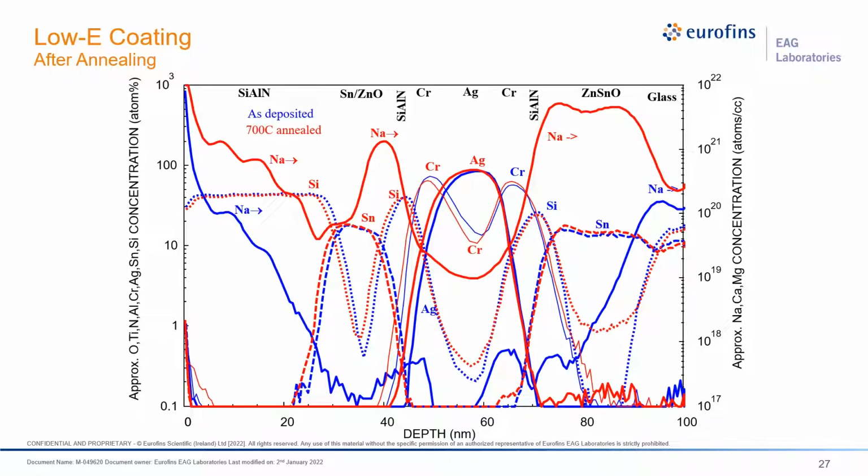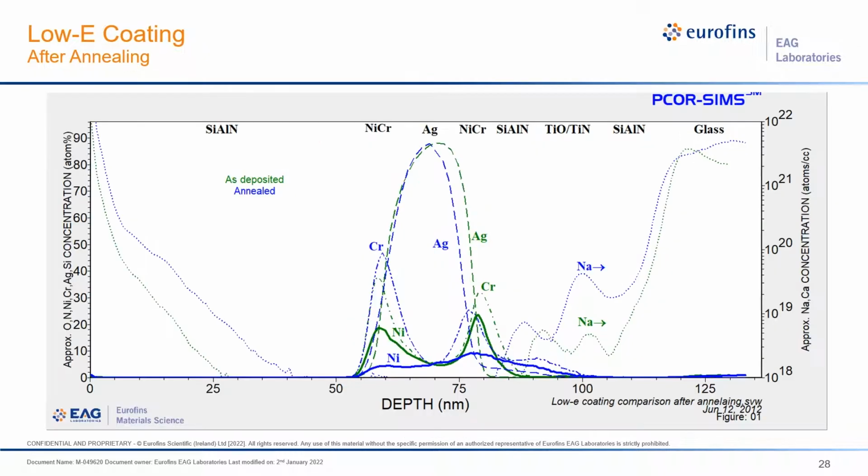So we can see by SIMS profiling that the sodium diffusion was immense, and it changes the transparency and the conductivity of the layers. But we see that there's little movement of these metallic layers in the middle of the stack. In a different example, though, we got a different story.